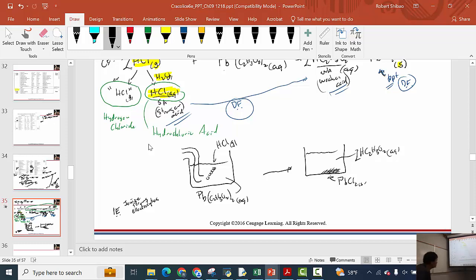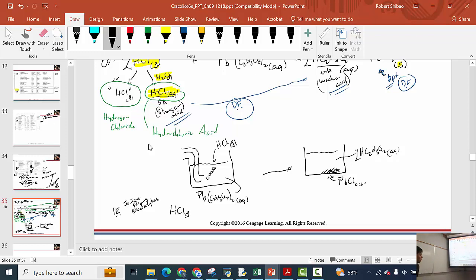In reality, HCl gas is soluble in water, and it's going to ionize because it's a strong acid. But since they're giving us HCl gas, we'll just leave it as HCl gas. So it's a little bit ambiguous what we should do with HCl gas, and so I'm just going to leave it as HCl gas here.